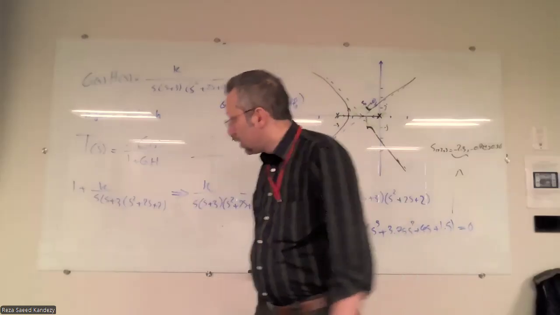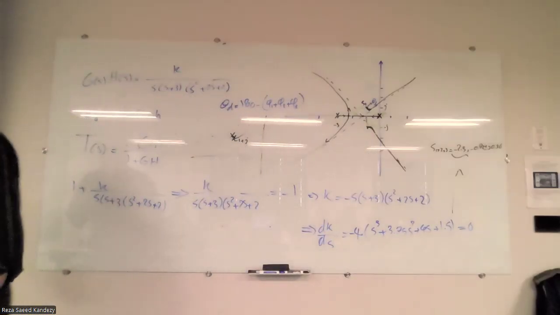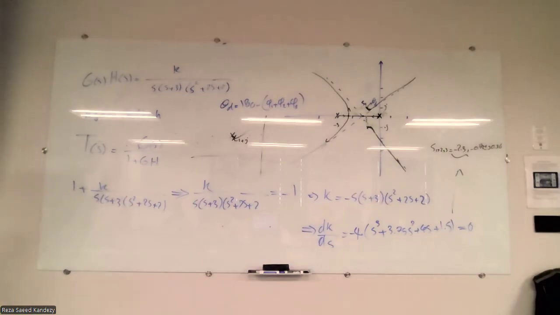Asymptote lines, we need two types of values.